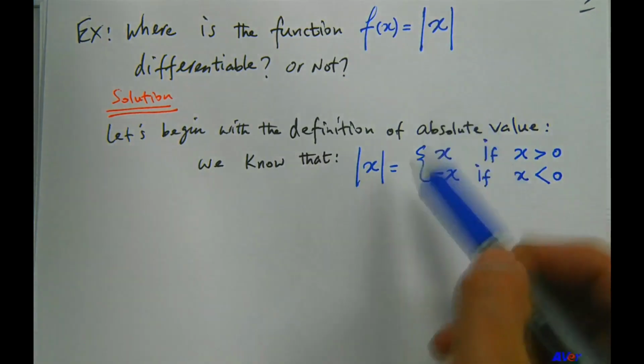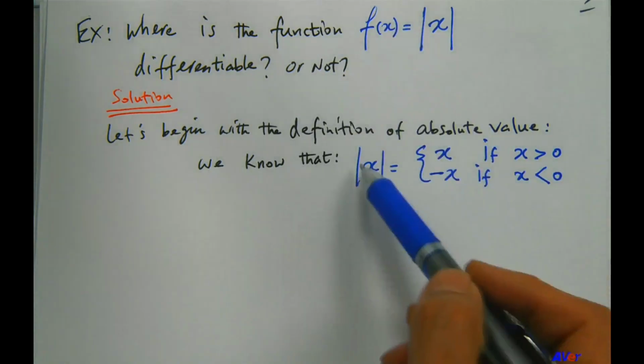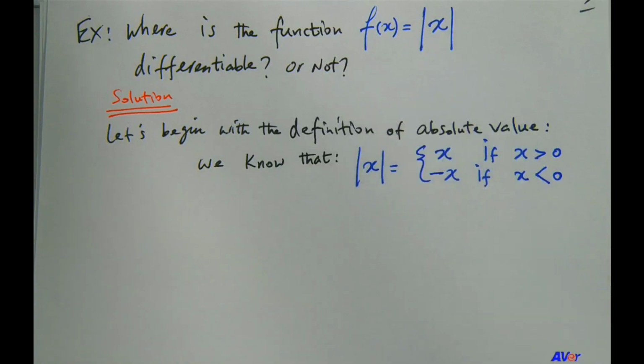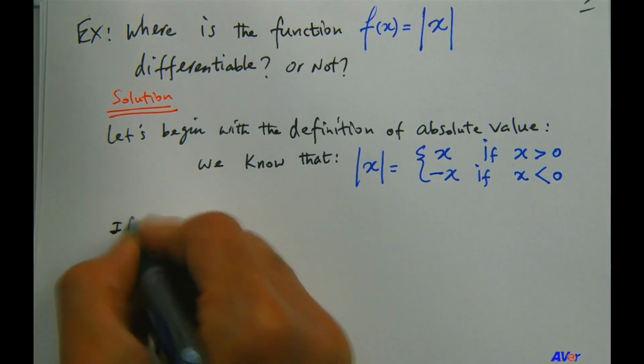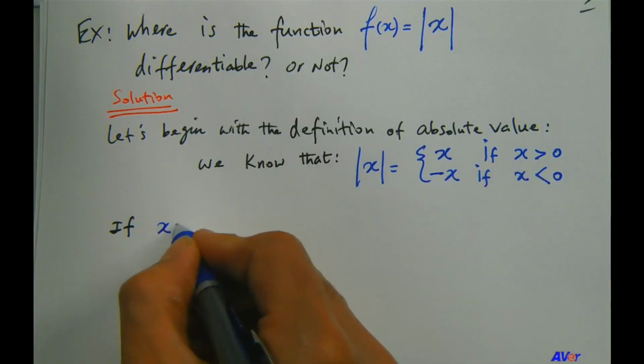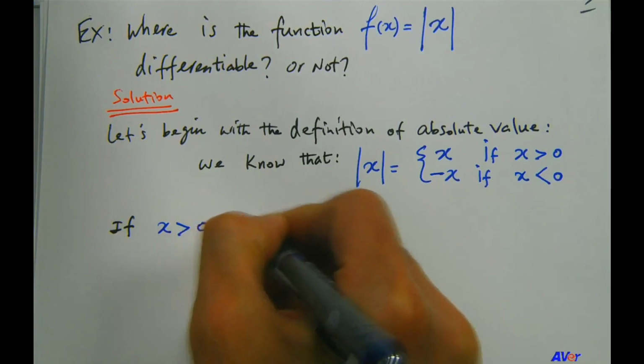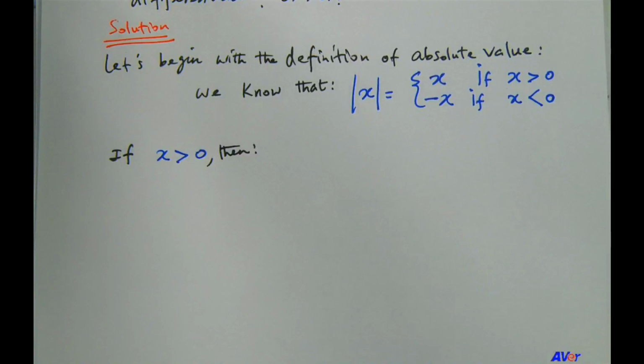So in each case of this function, we have to find the derivative of that function. So if this is the case, if x is greater than 0, or something, a positive value, right, then move this up a little bit.